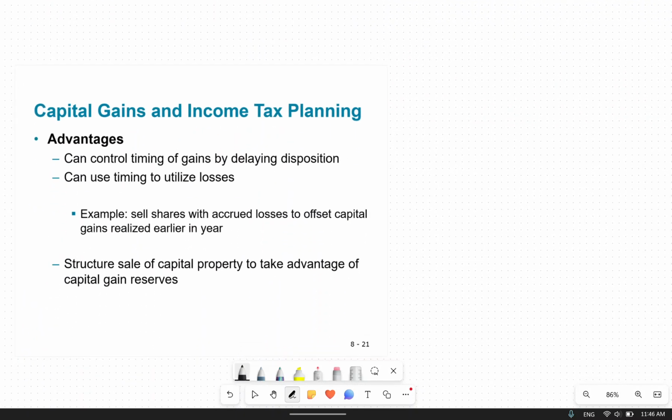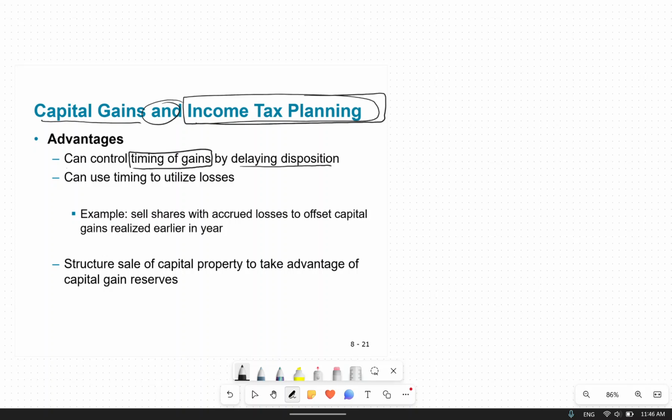Going further, we have capital gain and income tax planning. Of course, tax planning is the legitimate way of not paying more taxes to the government. So what is an advantage of it? You can control the timing of the gain. You sell in a year when there is less income, or delay the disposition. You can also use timing if you have one asset that has a loss and another asset that has a gain.